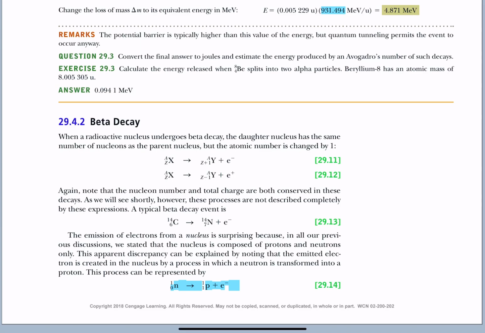Please notice that the neutron, bottom left number, is a 0 because it does not have a charge. It has no protons. Notice that both the neutron and the proton are nucleons, so they both have a number 1 for the upper left.